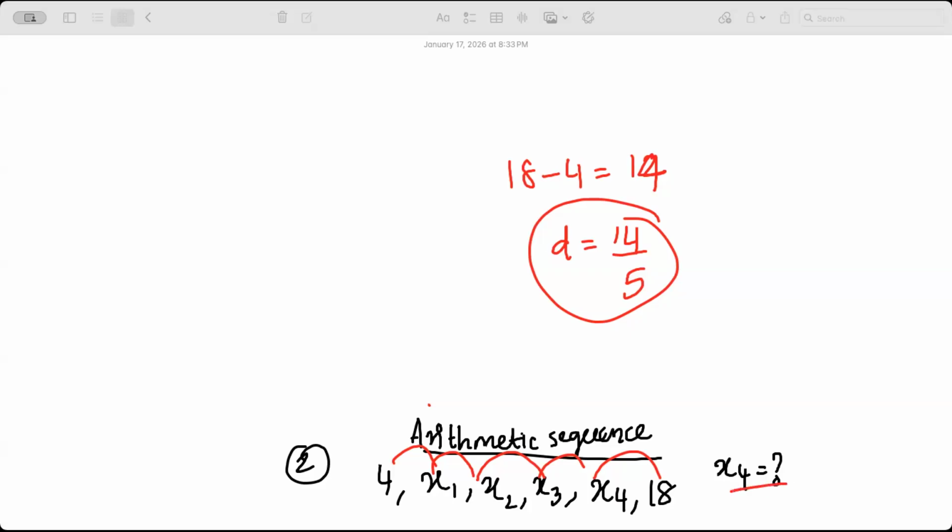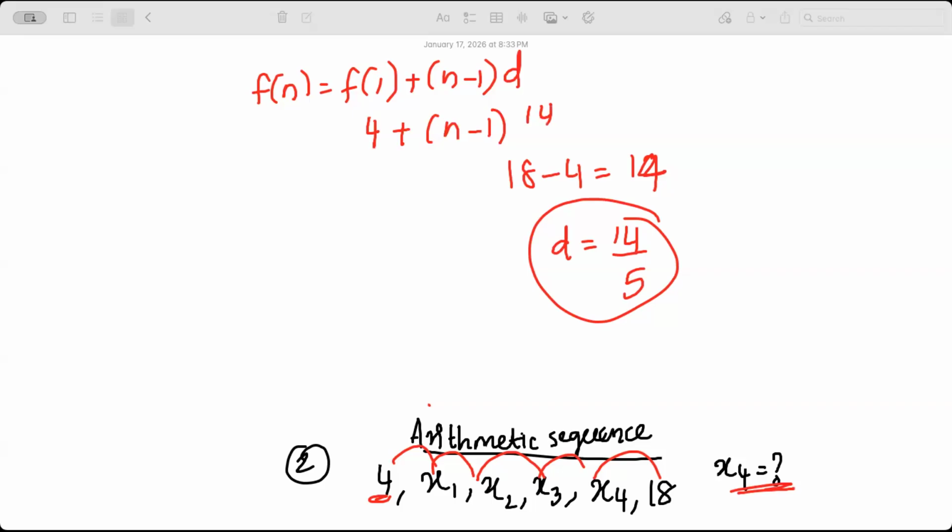Now, how to find x4? You know f of n is equal to f of 1 plus n minus 1 times d, correct? So f of 1 is 4 plus n minus 1 times d, 14 by 5. What is n here? What is this term? 1, 2, 3, 4, fifth term, right?